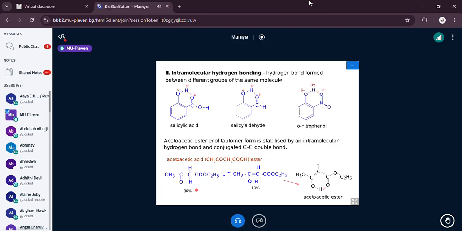So for the final exam, you have to know the formula, the structure of acetic acid. Aceto, you can see part of acetic acid, and the second part, acetic acid. And this is ester, ethyl ester of acetoacetic acid.